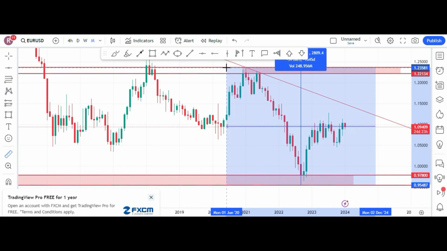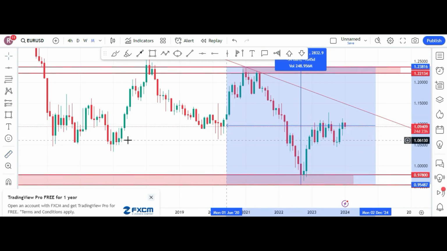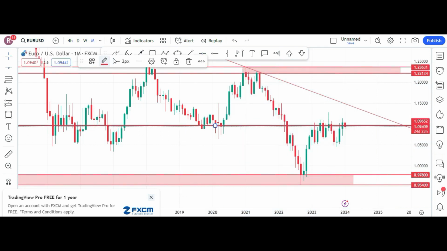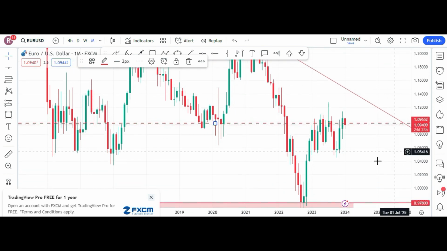Now let's mark the half, change the orientation. So this is the half, and the market is just running on the half line at the moment.